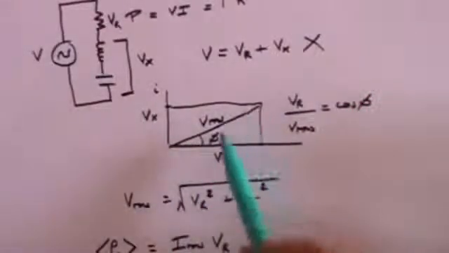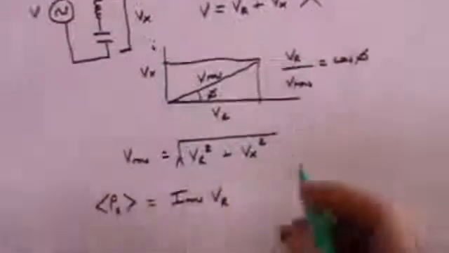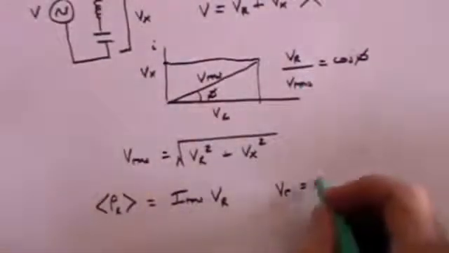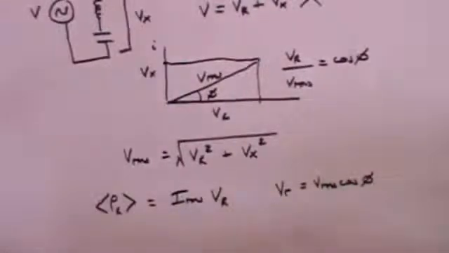And that means that VR is equal to VRMS times the cosine of the angle phi.